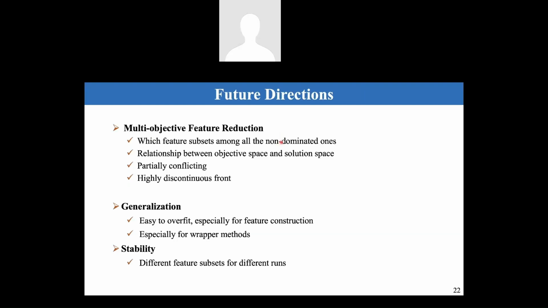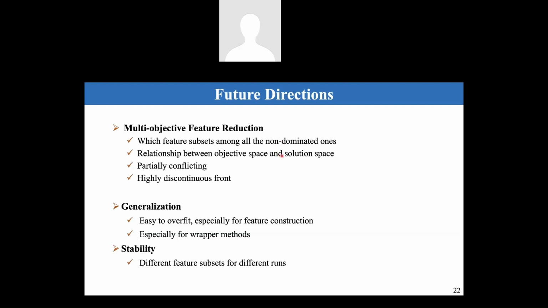But then the question at the end is, if we would like to select only one single solution from that, which one do we select? That is one question we have to answer if we only get one solution from the front.